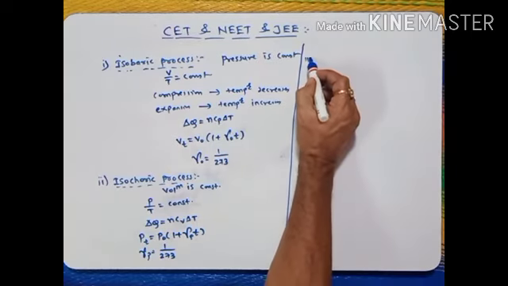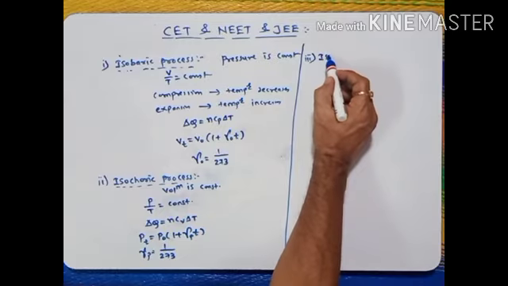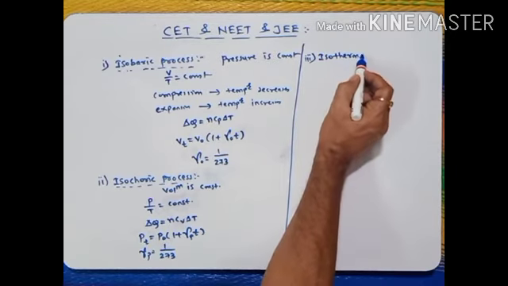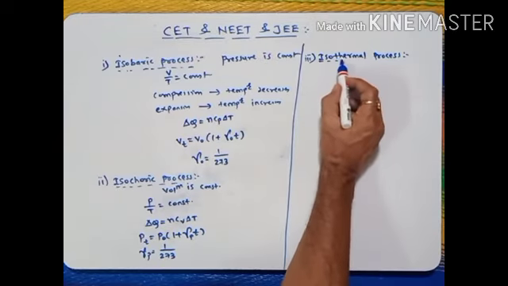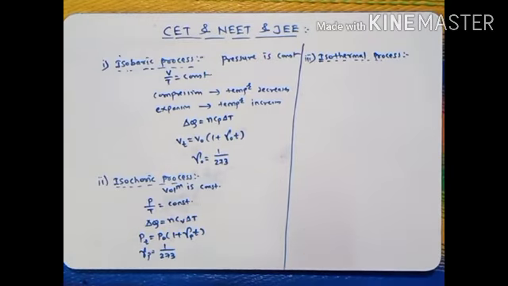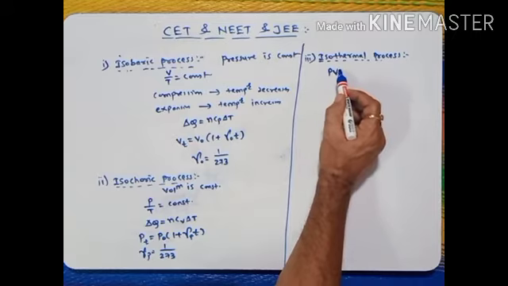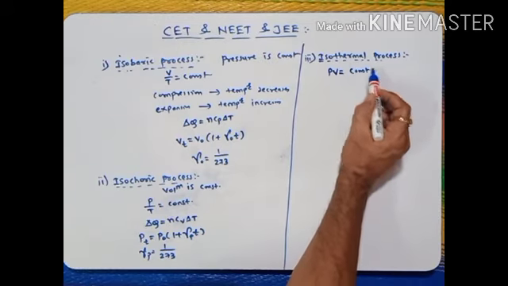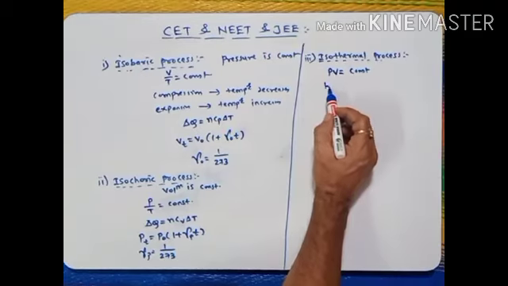Now we consider the third one, that is the isothermal process. See here, it is a thermodynamic process in which temperature is constant, and here the equation can be given like that: PV is equal to constant. Now here the isothermal curve on the PV diagram is like a hyperbola.